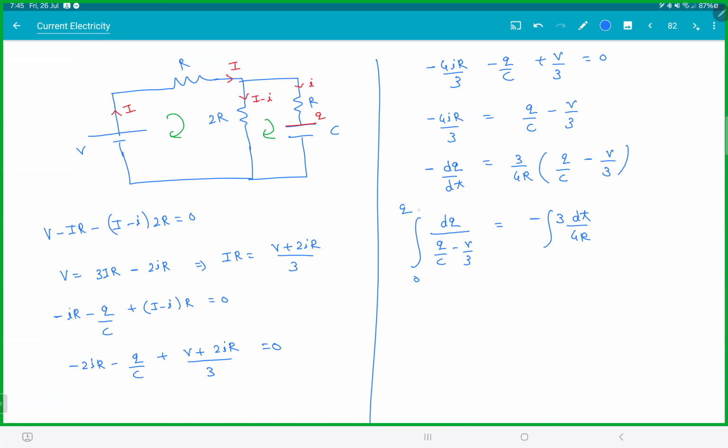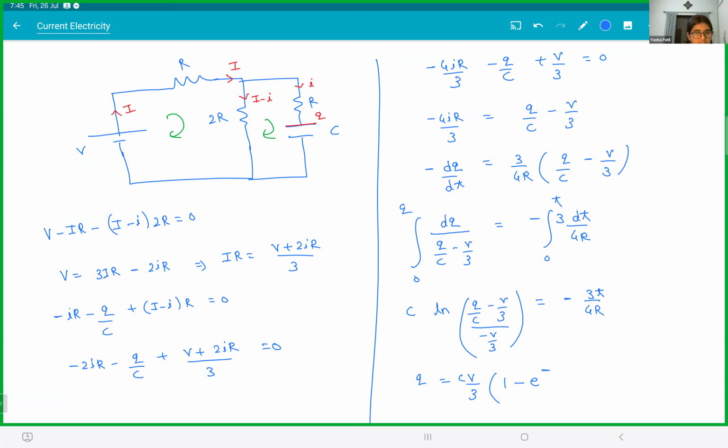Initially it is 0 to q, 0 to t. This would be C ln of (Q by C minus V by 3) by (minus V by 3), with the limits kept, equal to minus 3t by 4R. C goes that side. I end up with Q equals C V by 3 times 1 minus e power minus. I goofed up somewhere, right?